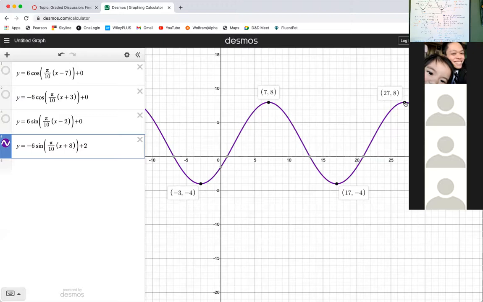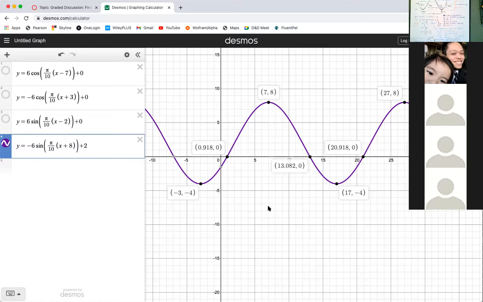But the x-intercepts are no longer in the middle. The distance between the x-intercepts is still going to be 20, but that's not where the middle is. 0 is not halfway between the 8 and the negative 4. But the x-intercepts will all be 20 units apart because I didn't change that.